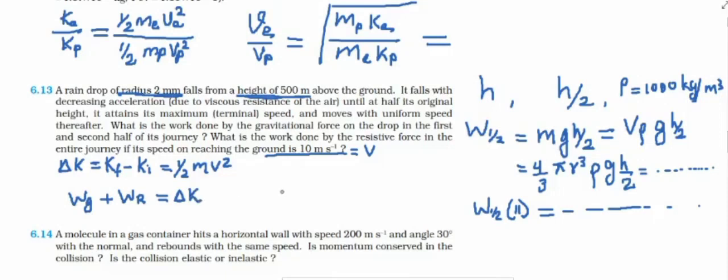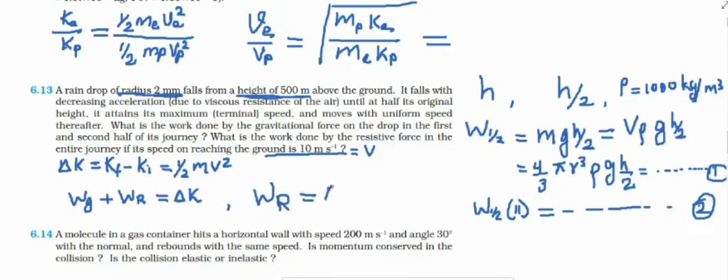Total work is equal to change in kinetic energy. And Wg you will get when you add these two quantities, the first and second halves, both of which are equal. You add them, you will get the total work done by gravitational force. And delta K you have calculated already from here, half m v square. From there, the work done by resistive force you can calculate.